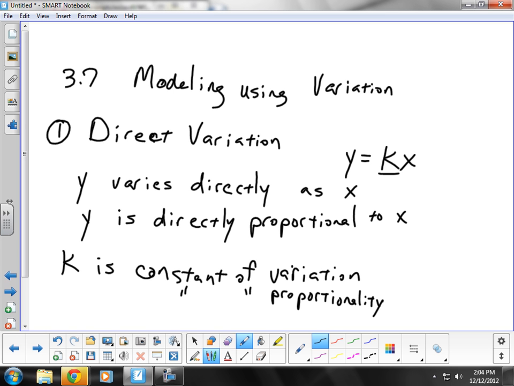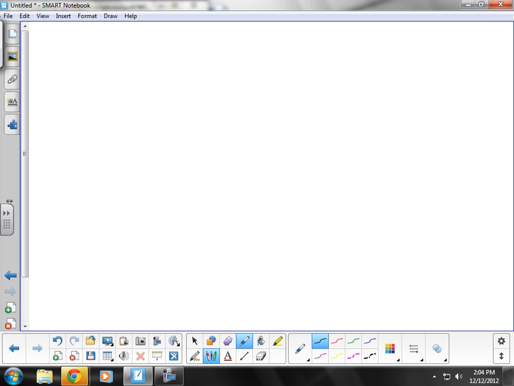And in the book on page 405, there's a box that gives you the steps for doing this. What they're going to do is they're going to give you a word problem. Check point 1. It's on page 406 if you want to read along. We got the number of gallons of water, and it tells me the letter it wants me to use for that.